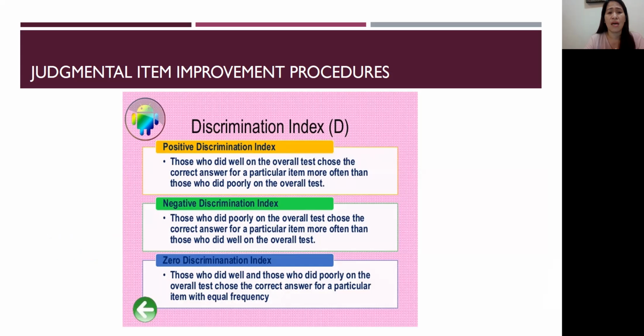Discrimination index: positive discrimination, negative discrimination, and zero discrimination index. If you can see, those who did well on the overall test chose the correct answer for a particular item more often than those who did poorly on the overall test. This is called positive discrimination index.